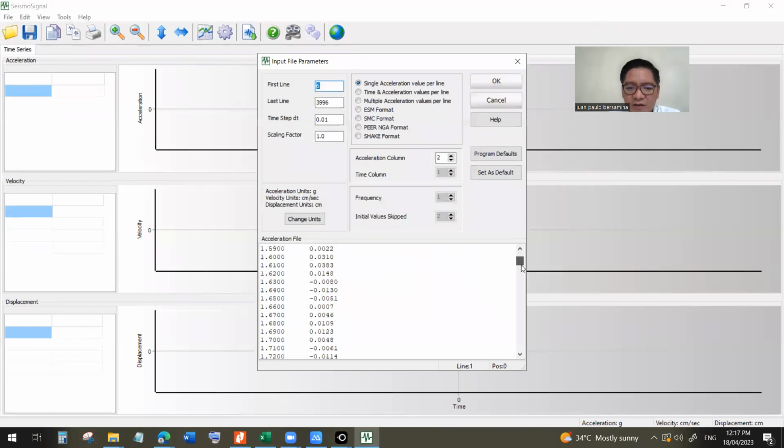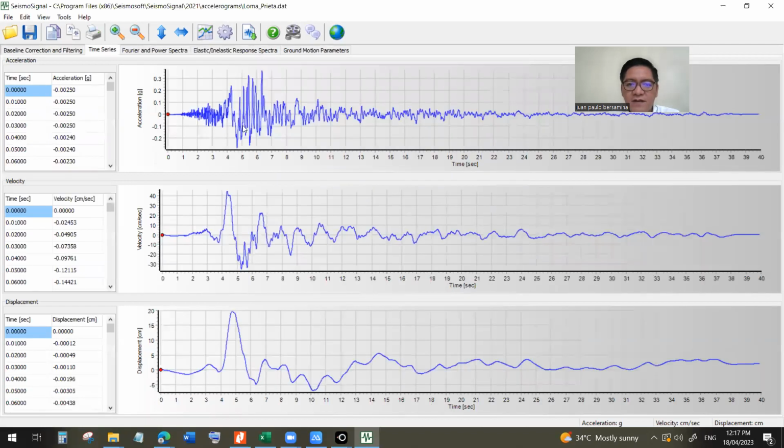So, may recordings, pag may recordings ka ng ground motion, of course, time and acceleration. Input ko lang yan. Na-import na niya yung ground motion.